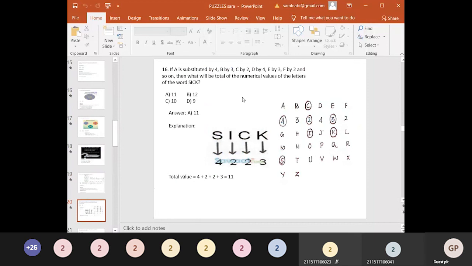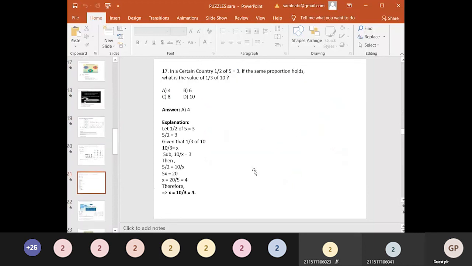C also stands for the number 2. I have given the answers nearby when you write the alphabets. And K stands for 3. So we get 4, 2, 2, 3. When you add all this, the answer is 11.